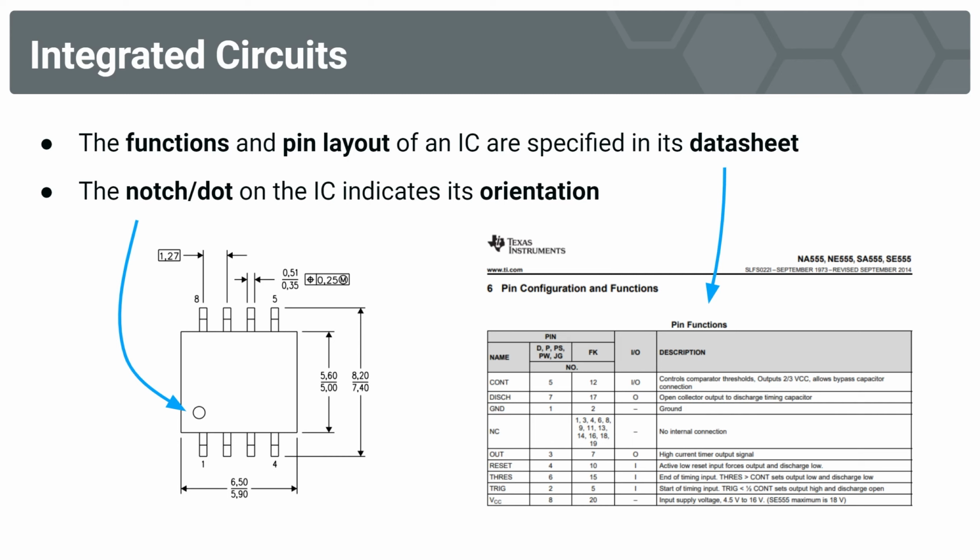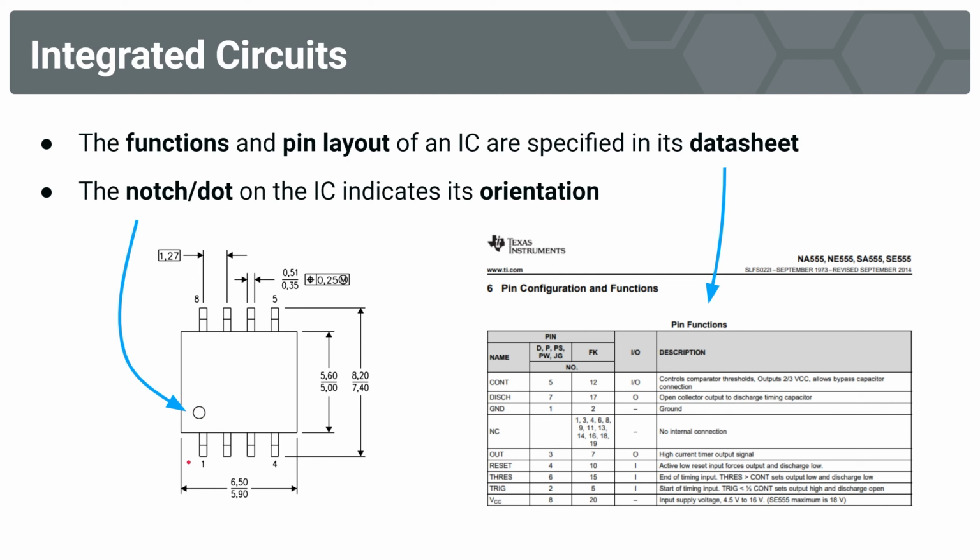Now, the IC will also typically have some sort of notch, or in this case, a dot that indicates its orientation. So for this particular IC, the notch is in this corner, and the notch lies just to the right of the pin labeled 1.